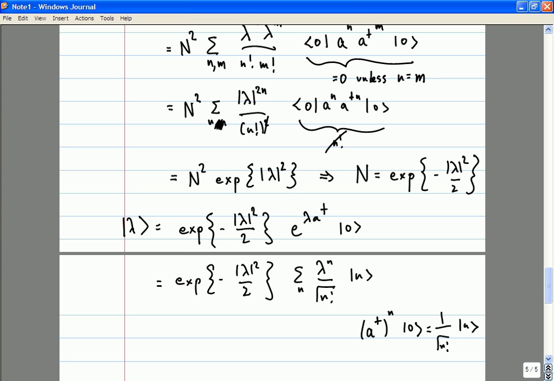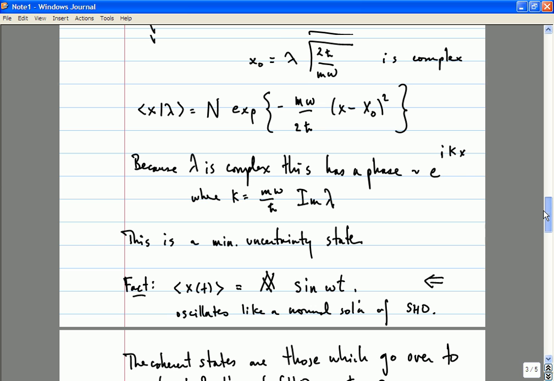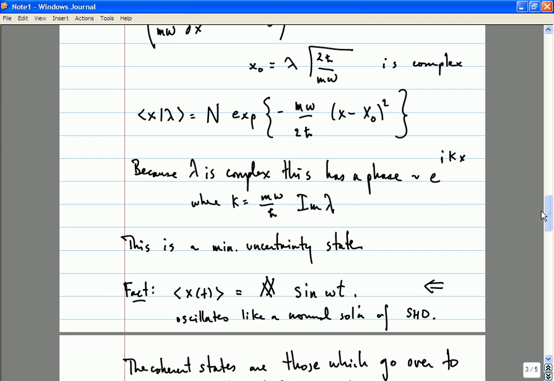Yes? I missed why a coherent state is very similar to a classical state. Why is a coherent state similar to a classical state? Well, for two reasons. The first is that it's a minimum uncertainty state.